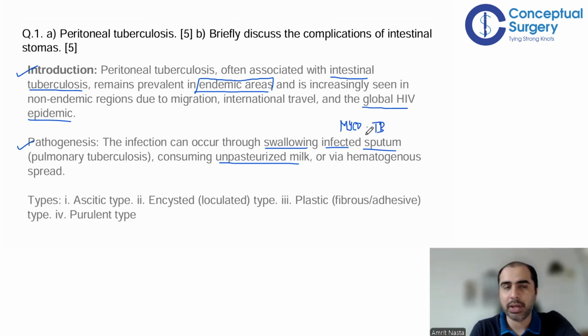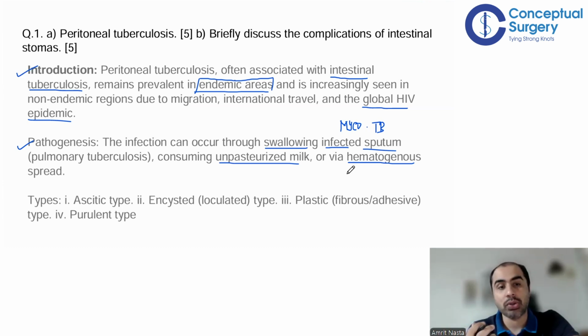So first you have pulmonary TB, it gets activated, you swallow the sputum, it reaches your intestines, and normally from the intestines it will go to the visceral and then the parietal peritoneum. Rarely it can go directly hematogenously to the peritoneum as a part of miliary dissemination. That is the other way.